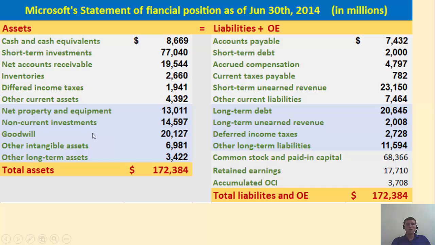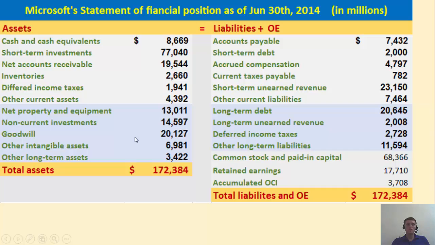Goodwill. Okay, so when Microsoft acquires a company and it pays more than the fair value of the assets of that firm, that money has to show up on its balance sheet. It's categorized as goodwill. The fair value of the other assets is combined into the assets of Microsoft, but what Microsoft has paid above that will be considered goodwill.